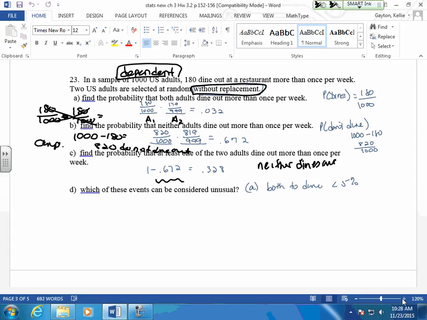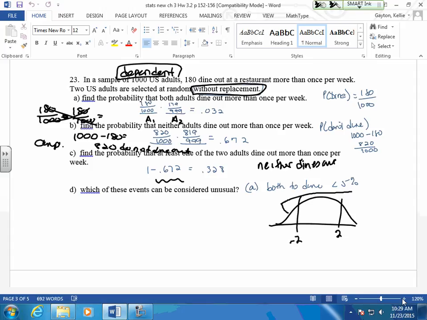Okay. And they want to know, do you consider this unusual? And again, this ties back into your normal curve. Your normal curve says plus or minus 2 is 95%. So if anything is to the right or to the left of your curve, this is your plus or minus 2.